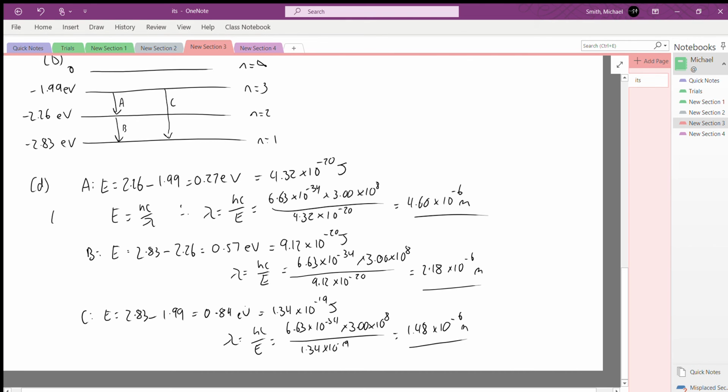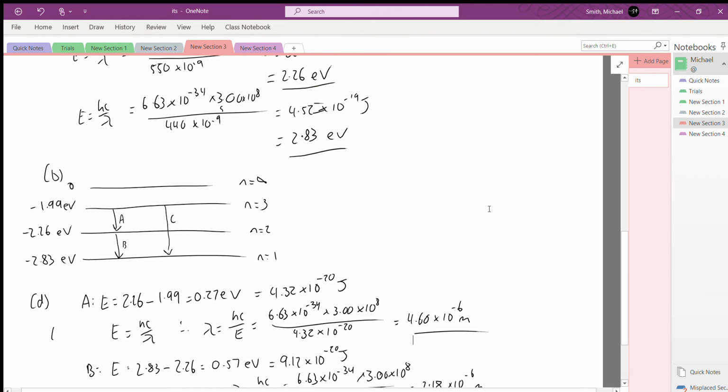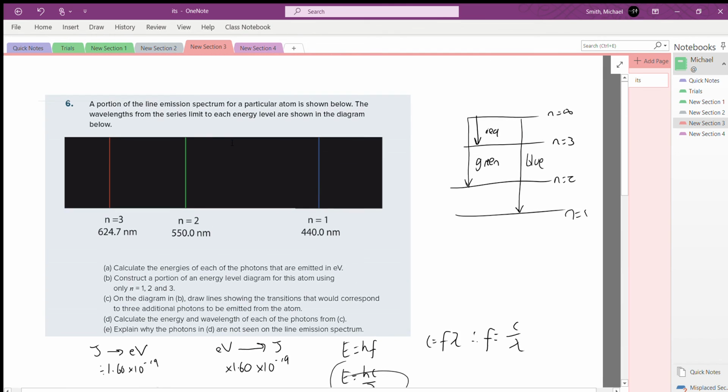So these are each of the wavelengths of the photons that we don't see in the line emission spectra at the start of the question.